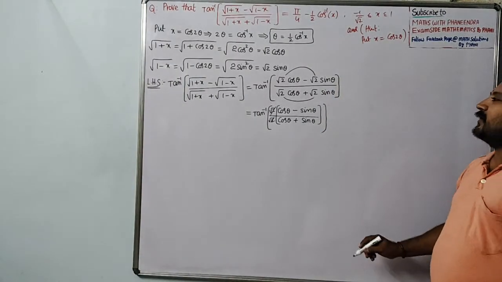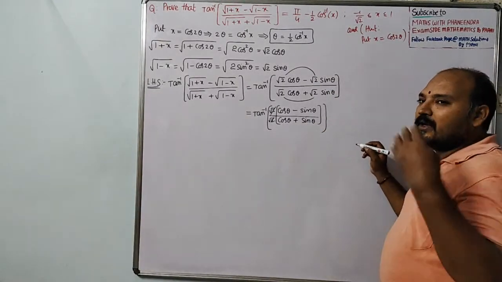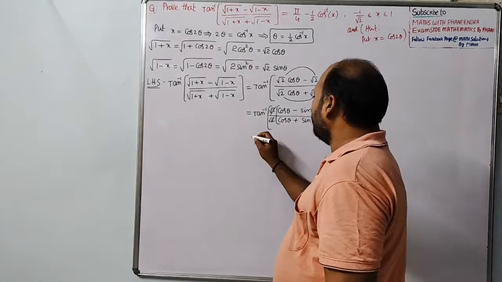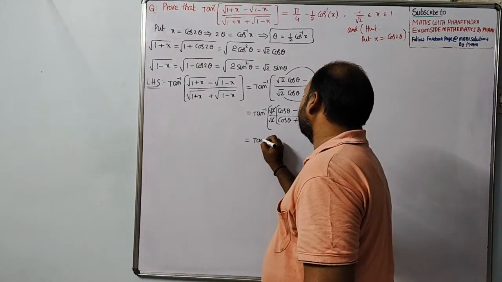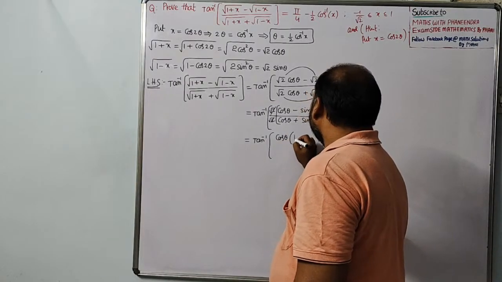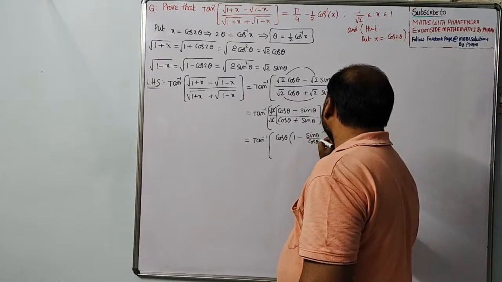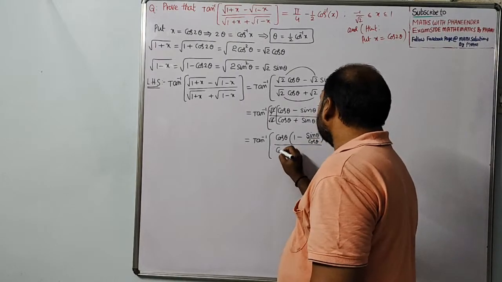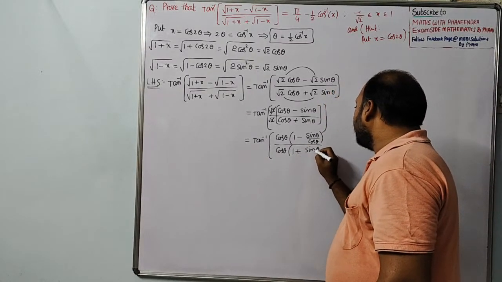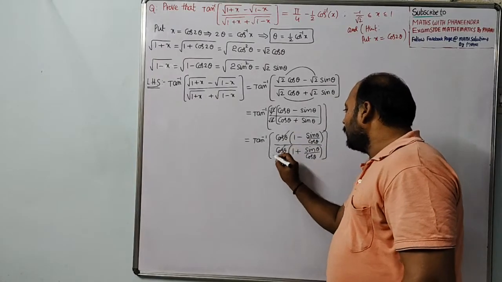We already learned this in earlier classes, but otherwise I will make one more step for convenience. Cos theta, if we take out common, 1 minus sin theta by cos theta, whole divided by cos theta, if we take out common from the denominator, 1 plus sin theta by cos theta. So these two will cancel.